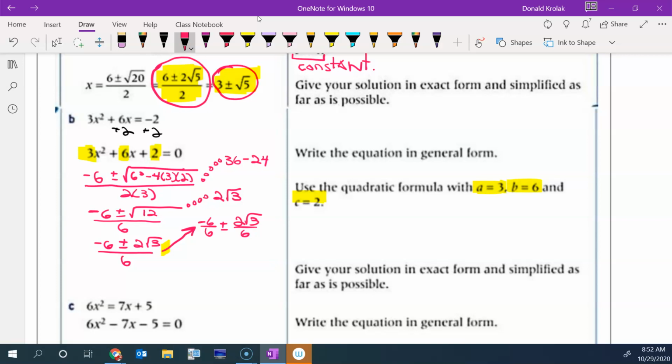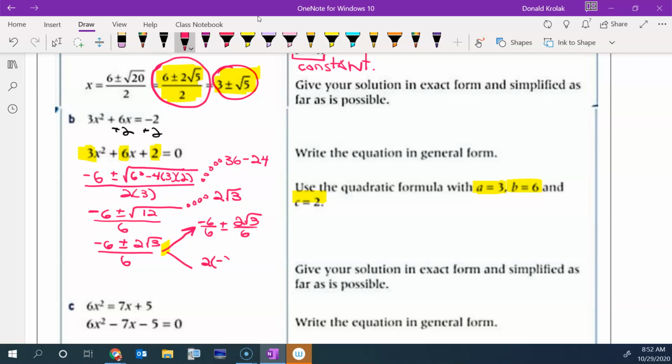Or you can factor the top. The GCF of negative 6 and 2 would be 2, but I'm going to pull out a negative 2. So this would then be 3, where am I? Plus or minus, well, you know what? Let's bring out a 2 instead, so we don't have to change this up. Pull out a 2.